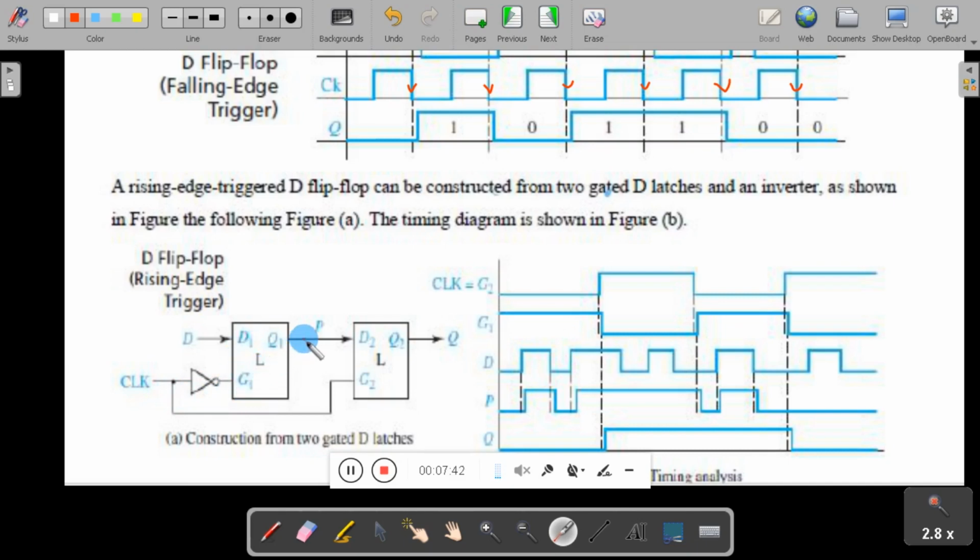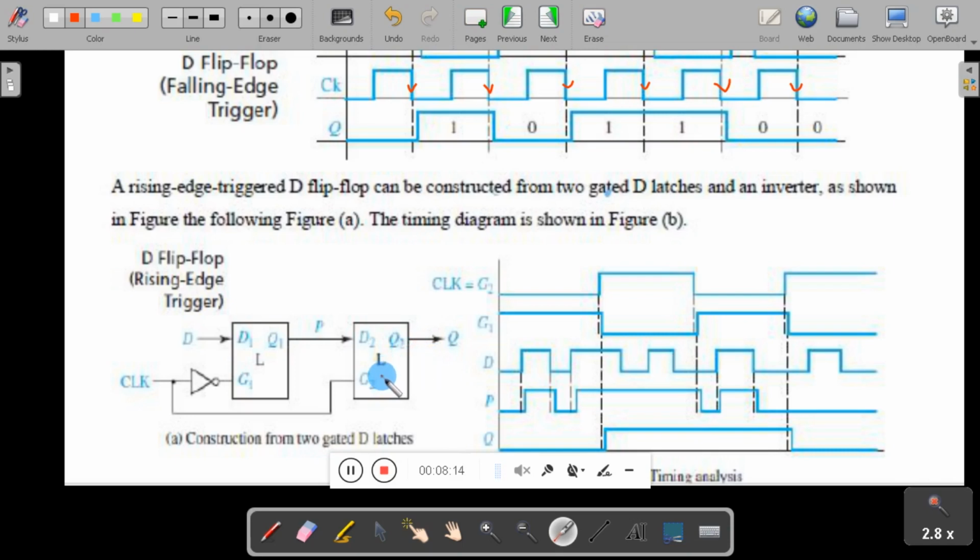That makes the output of the first latch follow the input, that is data input. And simultaneously, because clock signal is 0, G2 becomes 0, and the second latch is inactive, and it will hold the current state, or last state, as it is.